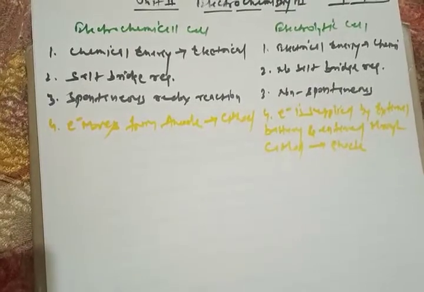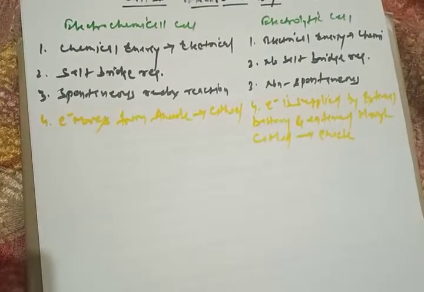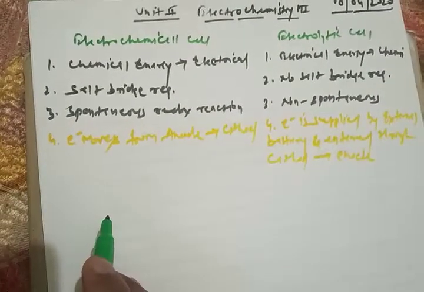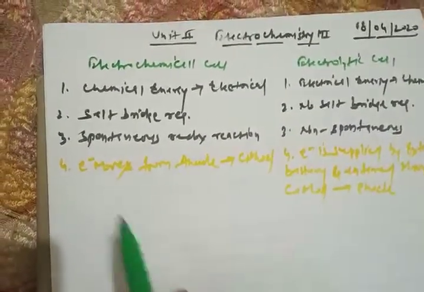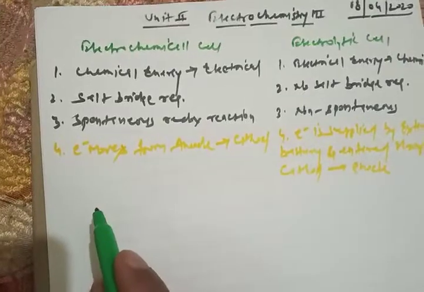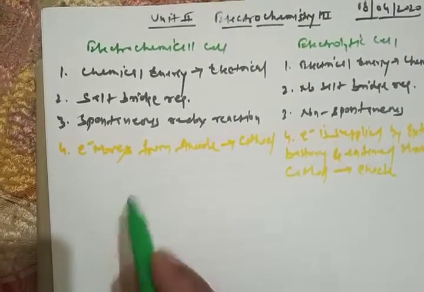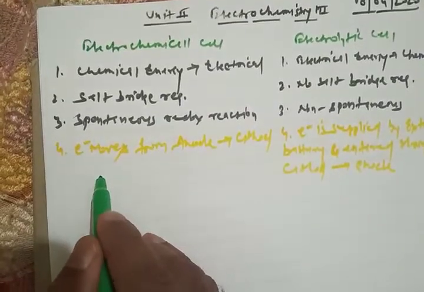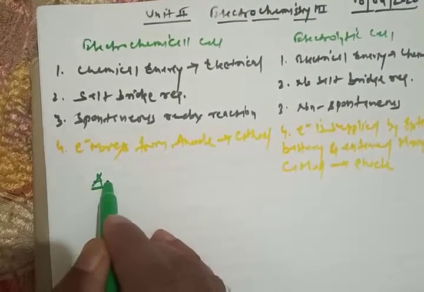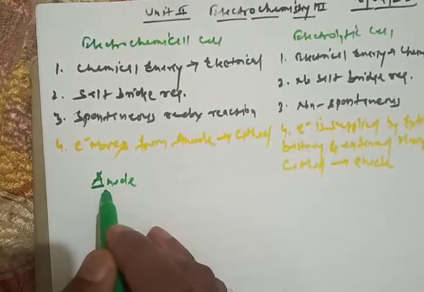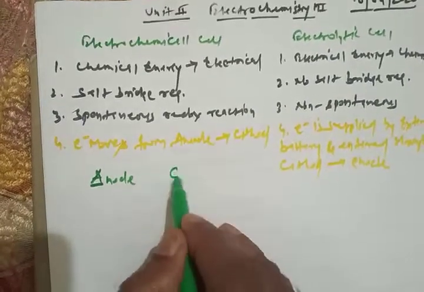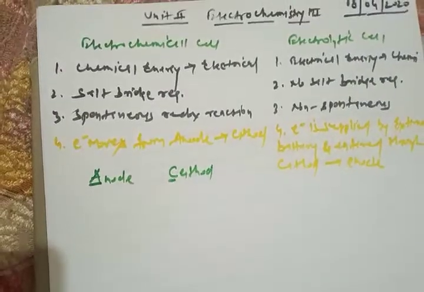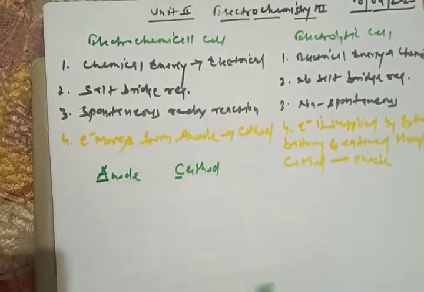Now there are some things which you need to remember, so I'm giving you a simple way to remember them. In the case of the electrochemical cell, you need to remember the order of alphabets. Anode, A comes first, then C, cathode. So anode, then cathode.